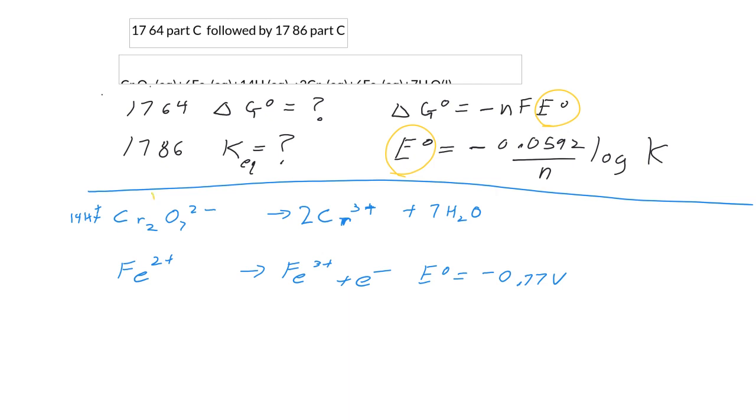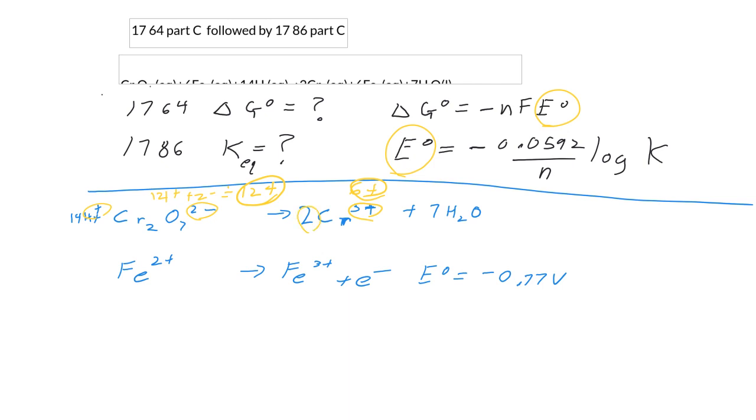I've got 14 positive from my hydrogens, -2 from my ion there. So I've got a total of 12 positive for this side of my equation. Over here, I have a total of 6 positive, 3 from there, 2 from there.